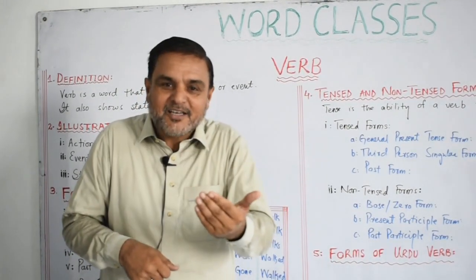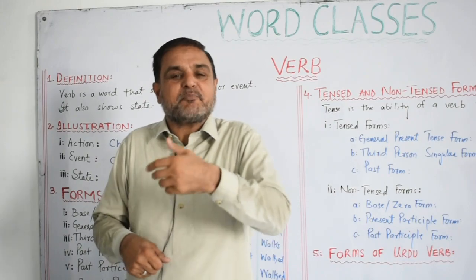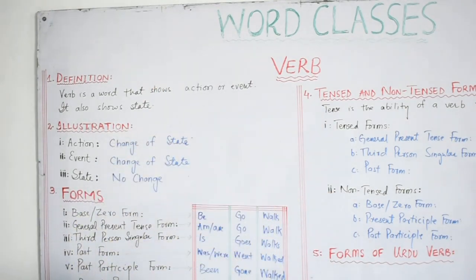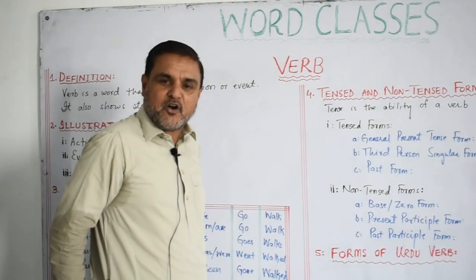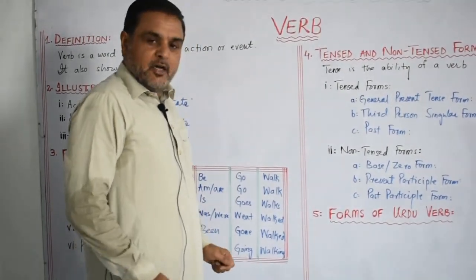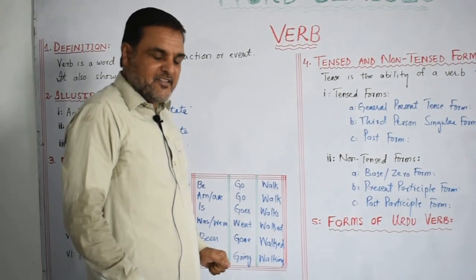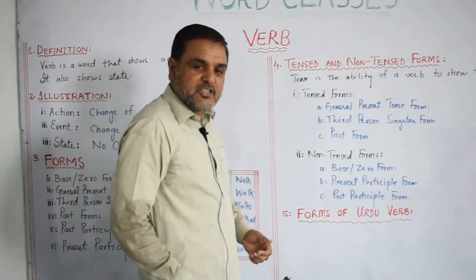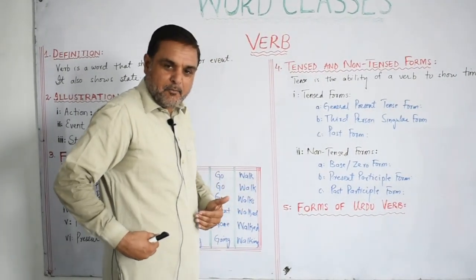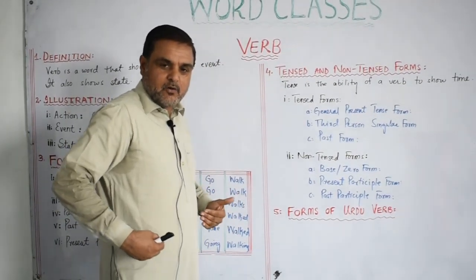Because the word drop actually represents change of state. In the same way, I'm standing right in front of you right here. Now this is state A, and then I take a step forward. Now this is the change of state from A to B. So look at me.